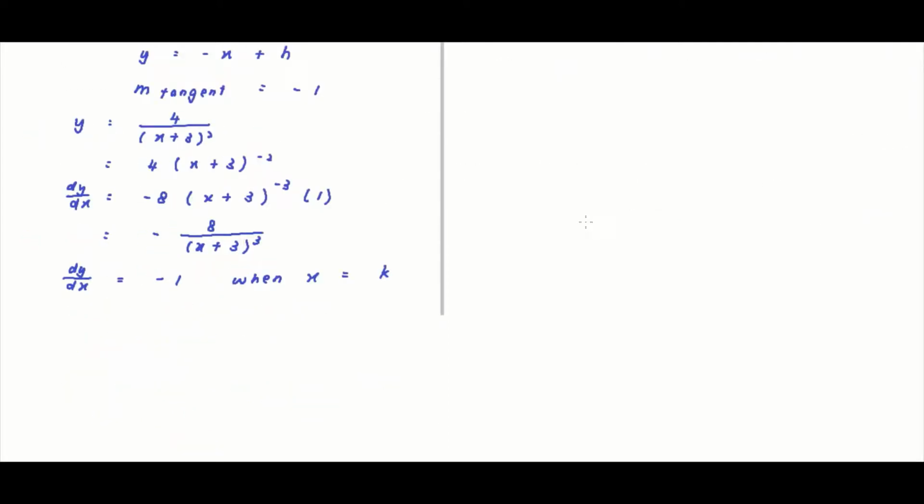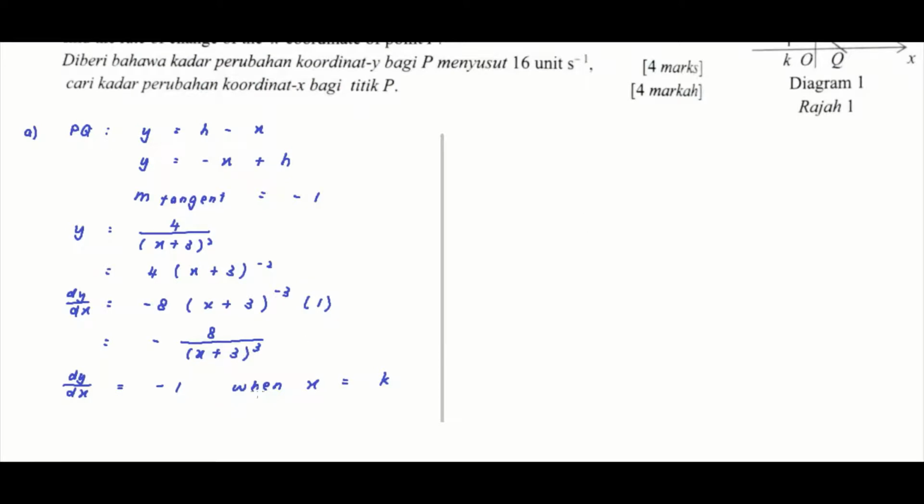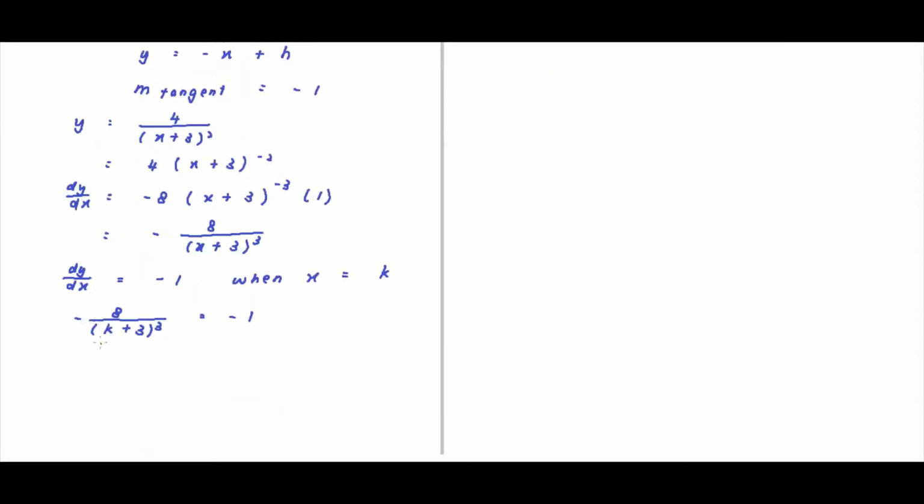Now I'm just going to substitute. When x equals k, I substitute k inside: -8 over (k plus 3) to the power of 3 equals -1. We do some arrangement. Since both sides are negative, I can ignore the negatives, and I bring it to the back, so I get (k plus 3) to the power of 3 equals 8.